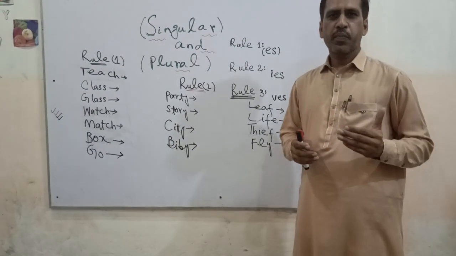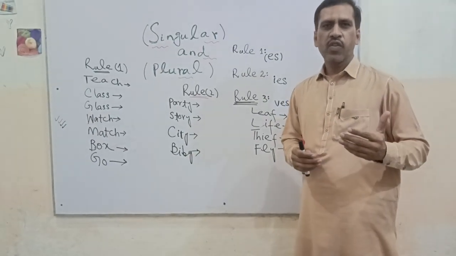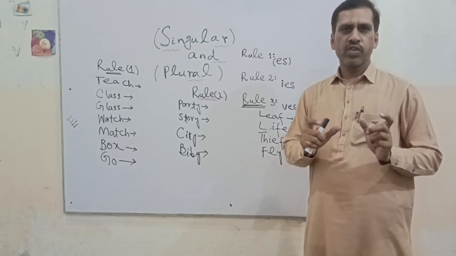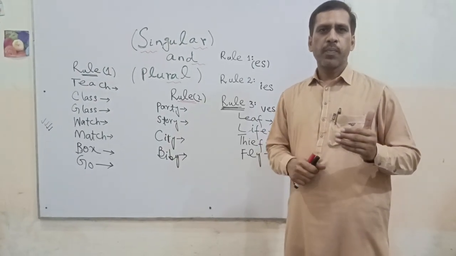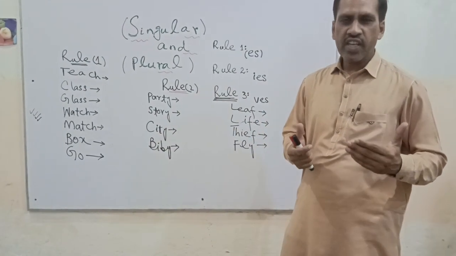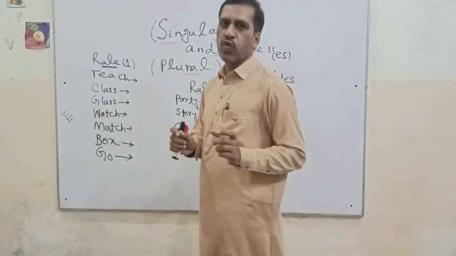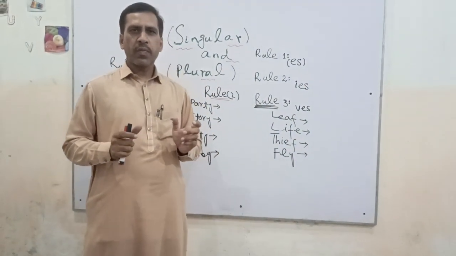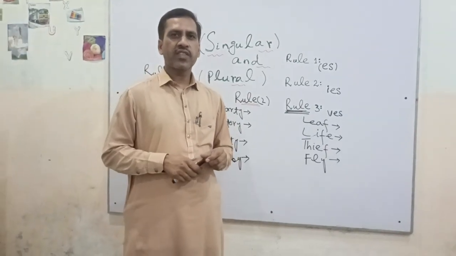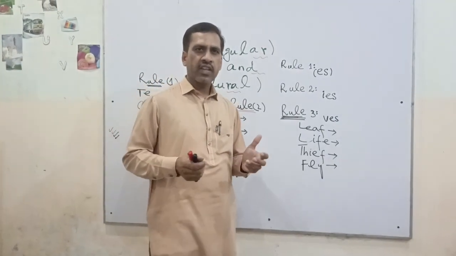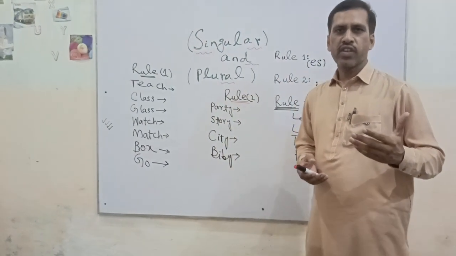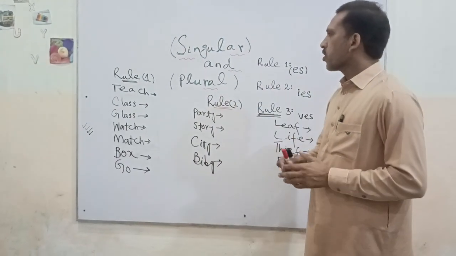Book is a singular word, and we write s at the end of book to make plural books. As well as chair is a singular, so we write s at the end of chair to make plural chairs. As well as pen, we can see that pens is a word which is plural.